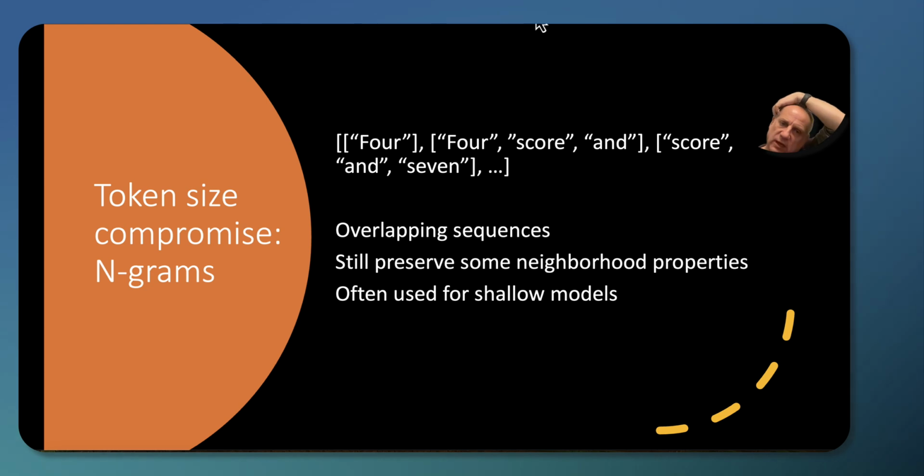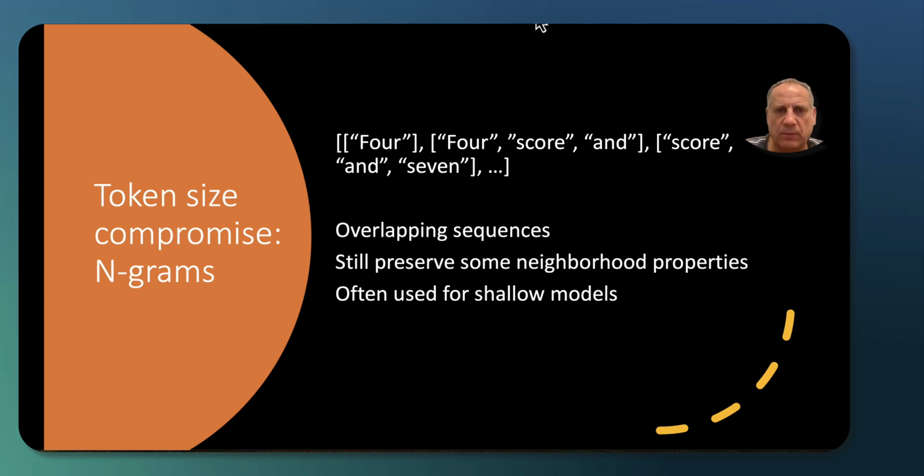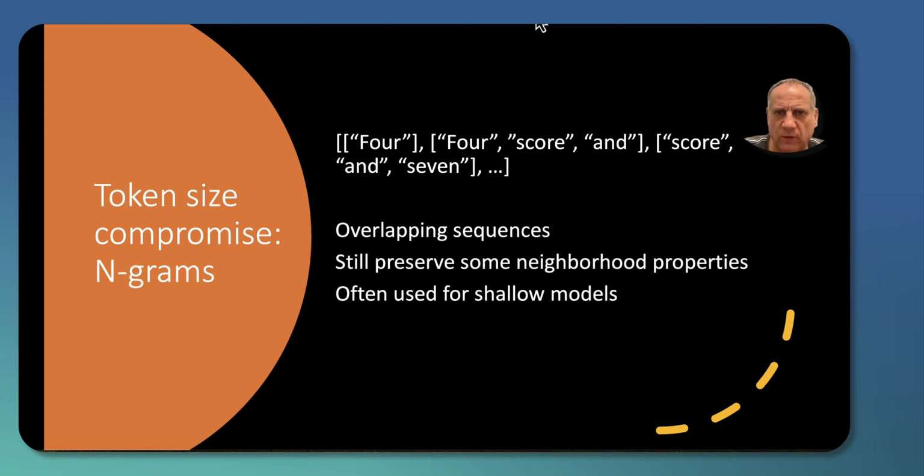So one thing we could look at is not just words, but what's called n-grams. If we wanted to go up from words, we could represent our data in terms of these overlapping sequences. So maybe we're going to use 3-grams: 4 score, and, score and 7, and so forth.